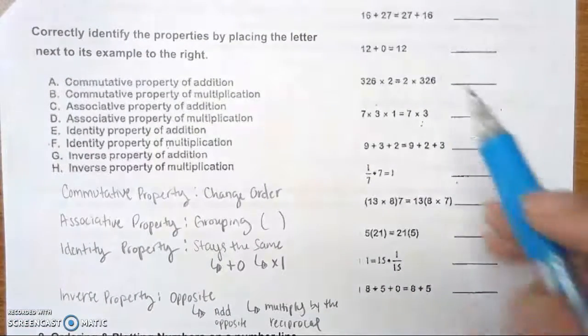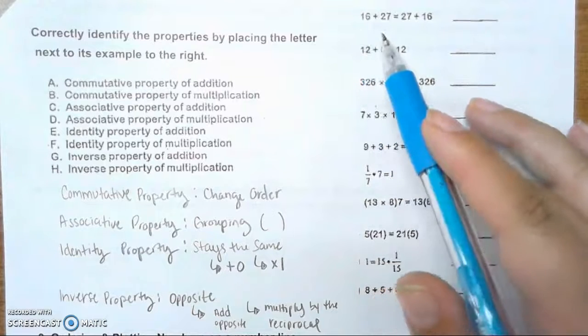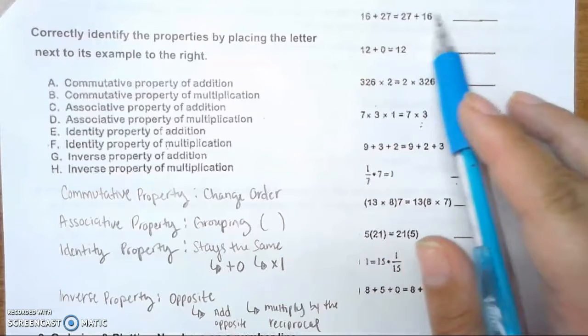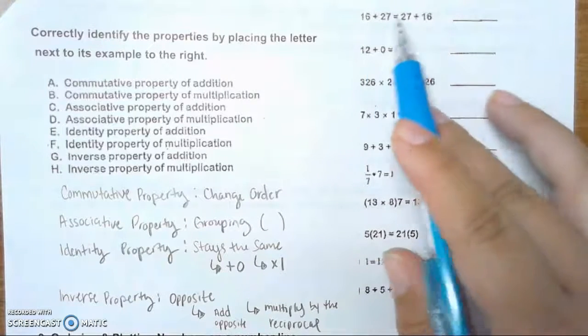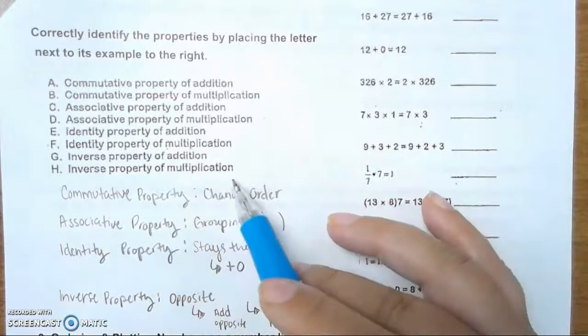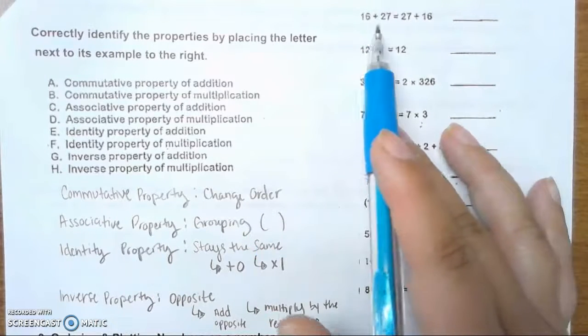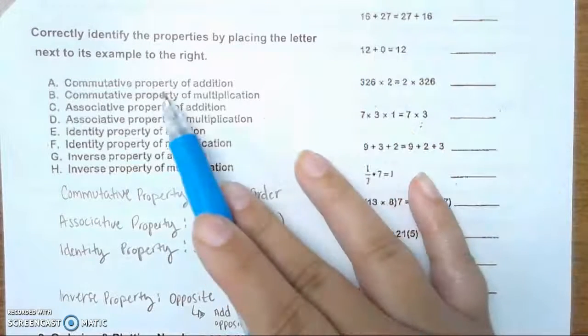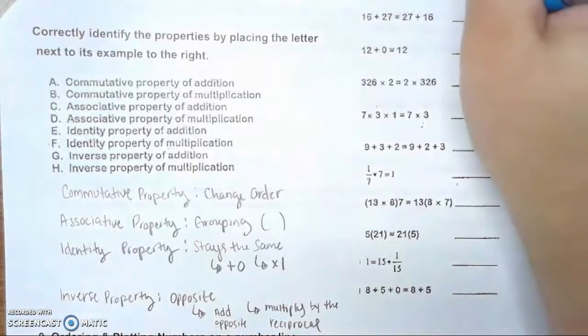So, 16 plus 27 equals 27 plus 16. All these numbers did was change order. So this is the commutative property, and since this is addition, it's the commutative property of addition. So A.